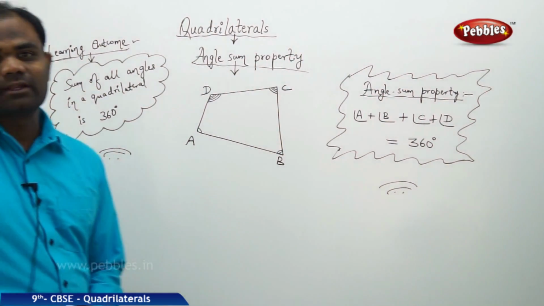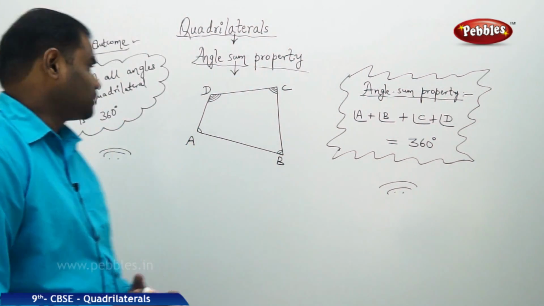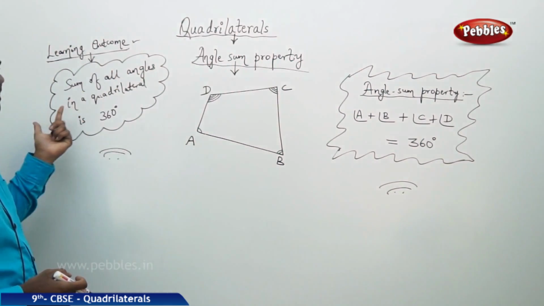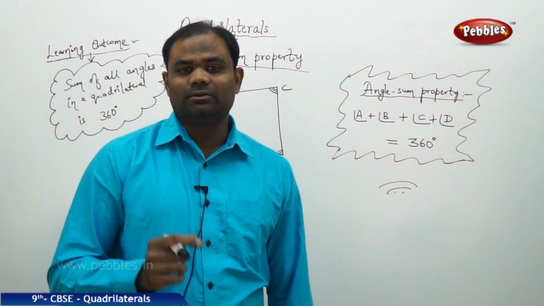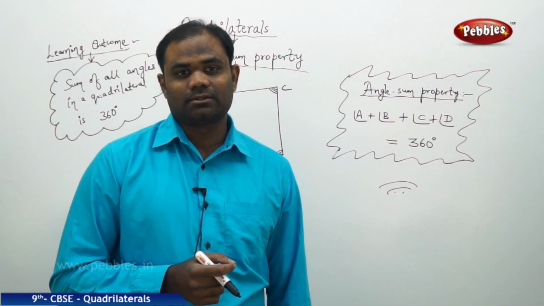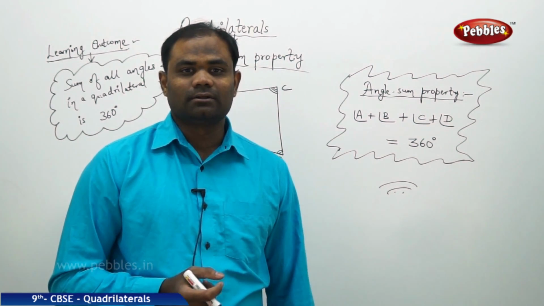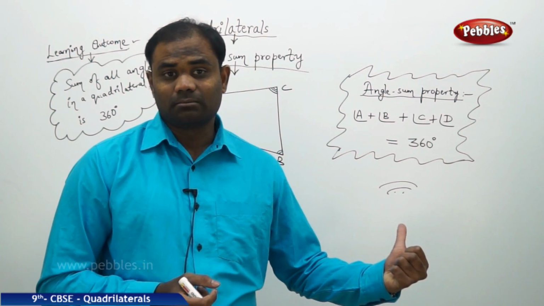That's how I define the angle sum property. Sum of all angles inside the quadrilateral must be equal to 360 degrees is what we understand as the angle sum property.